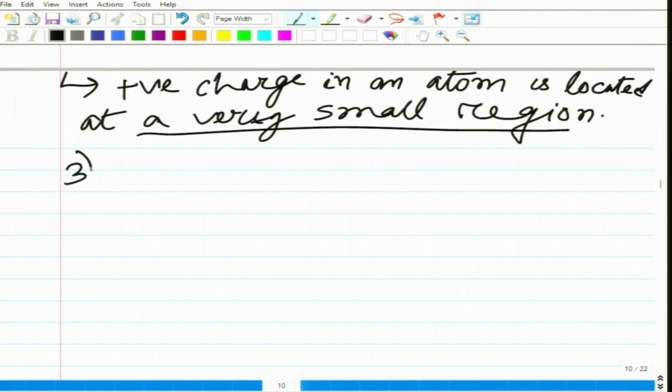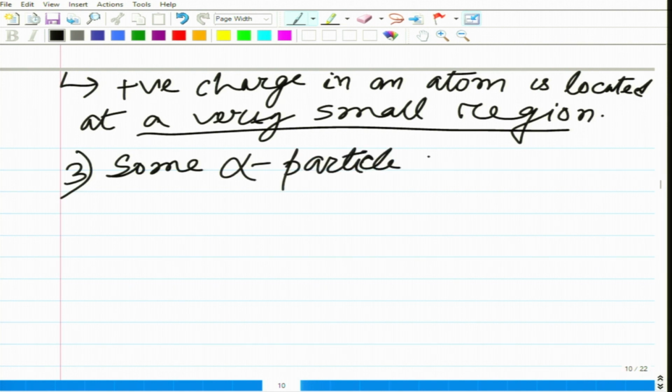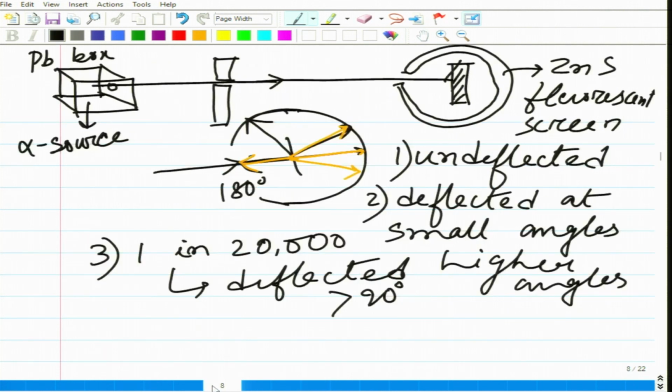The third conclusion was that some alpha particles bounced back, that is, they deflected at 180 degrees, meaning they actually retraced the path.